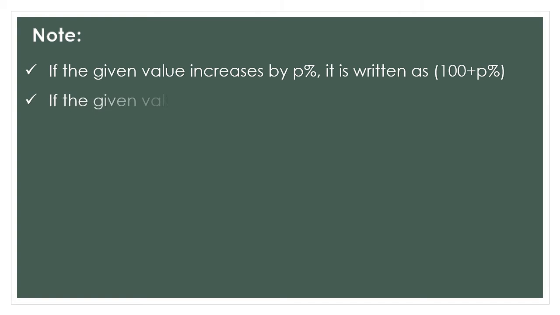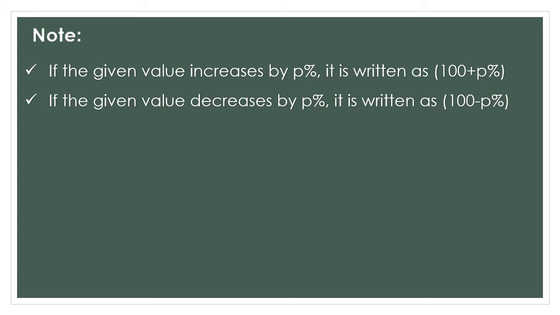The second, that if the given value decreases by p percentages, it is written as 100 minus p percentages, same as the above. If your value is increasing, add it into 100. If your value is decreasing, deduct it from 100. I hope you guys have studied in accountancy that when we are calculating the depreciation, we reduce values by 5% or 10%.